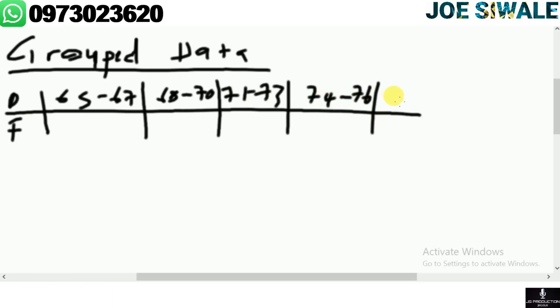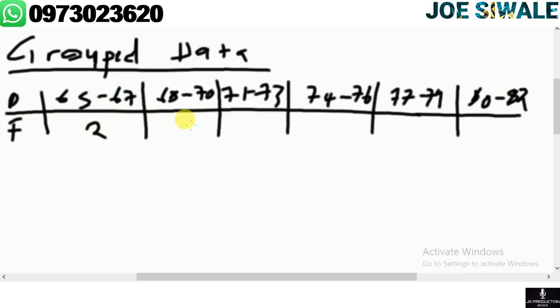You also have 77 to 79. Then you have 80 to 82. And the frequencies they have been given are 2, 5, 3, 4, 4, 2.